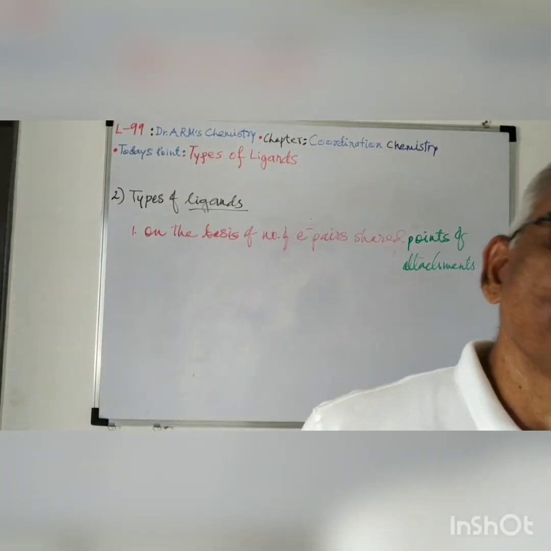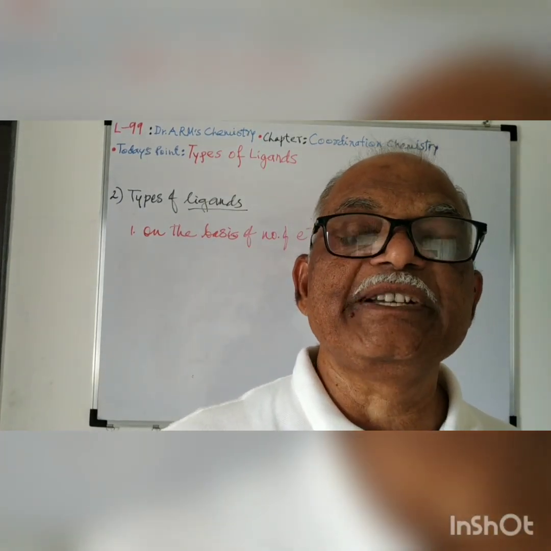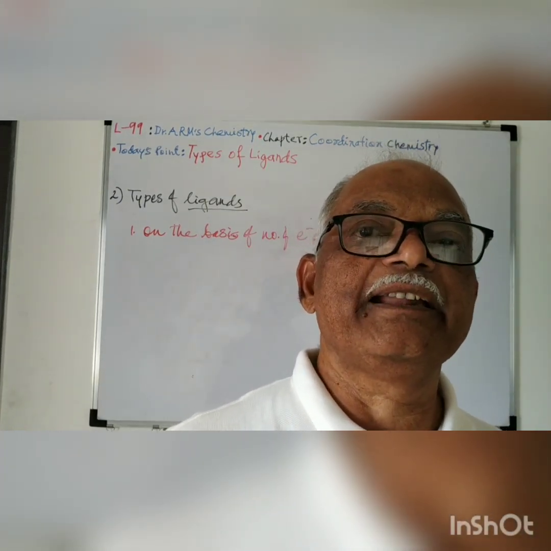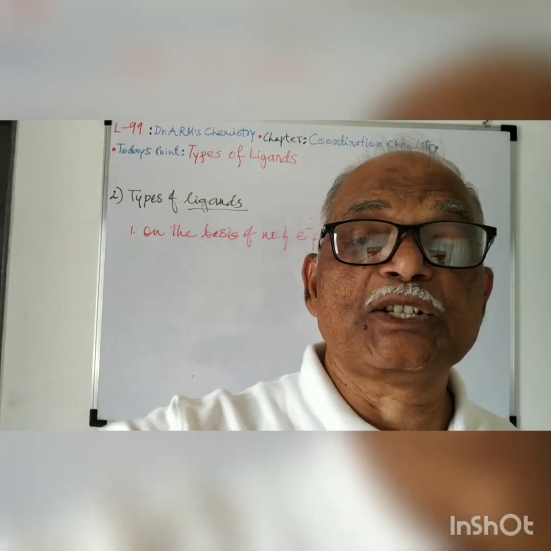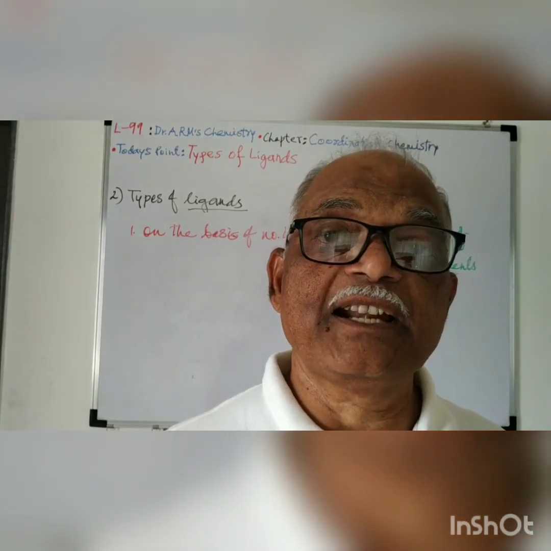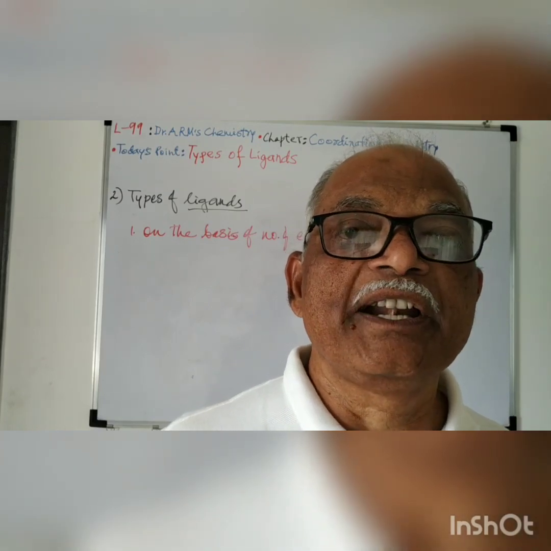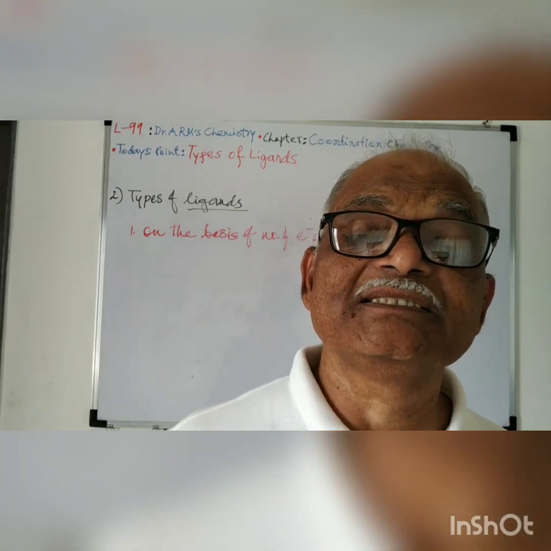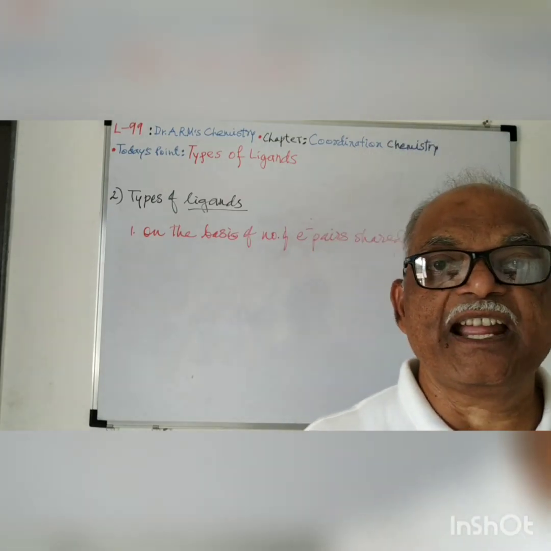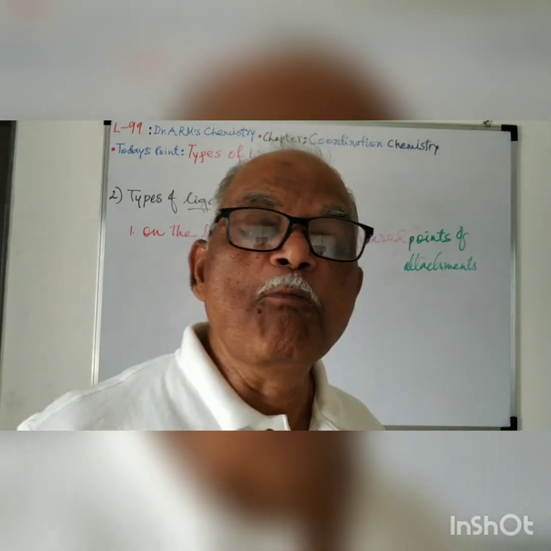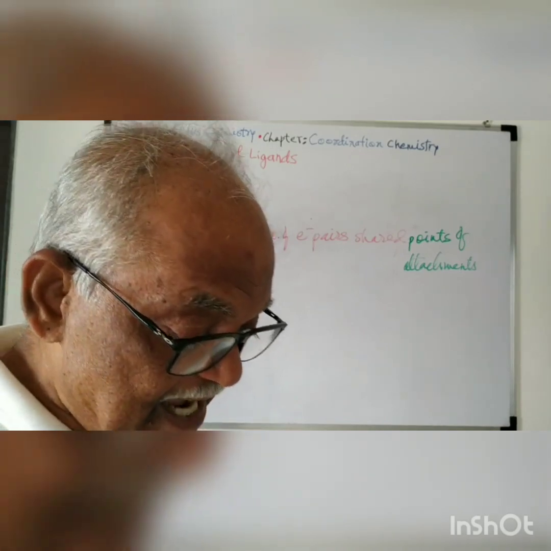There are some ligands which carry only one electron pair, and with this one electron pair the ligand can form a coordinate or covalent bond with the metal ion or metal atom, and such ligands are called monodentate ligands.